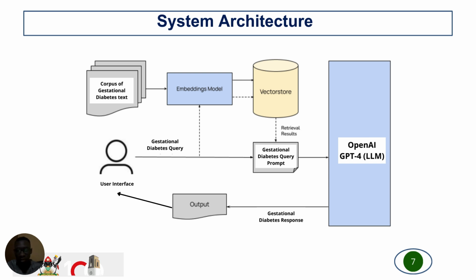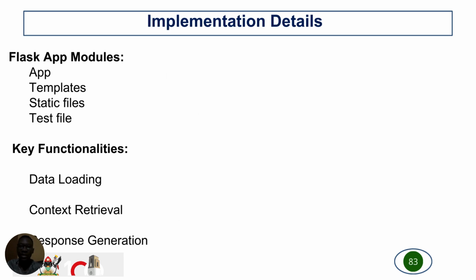Remember, we have our smart retriever that uses sentence transformers that retrieves chunks of data from, for example, this vector database, which again is combined with the original prompt and sent to the large language model. In our case, it's the OpenAI GPT-4, and then there's a response that is in context with the corpus in the dataset, and then this is output to the user interface. So basically, that is the architecture design.